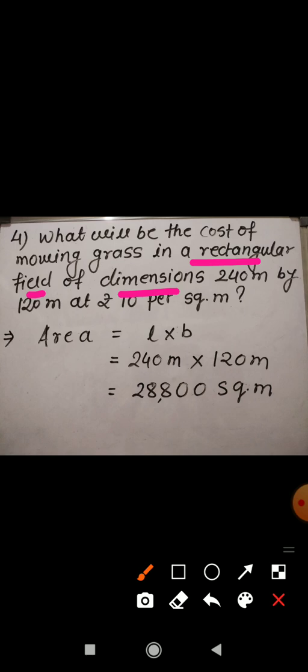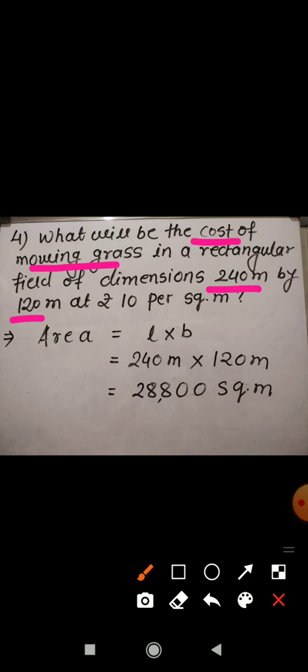Dimension means we can say side of a particular object. Here rectangular field is given, so here dimension means length and breadth of a rectangle. Now length is given 240 meter and breadth is given 120 meter. And we are asked to find out the cost of mowing grass in a rectangular field.